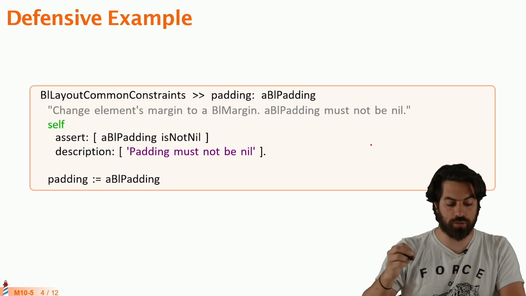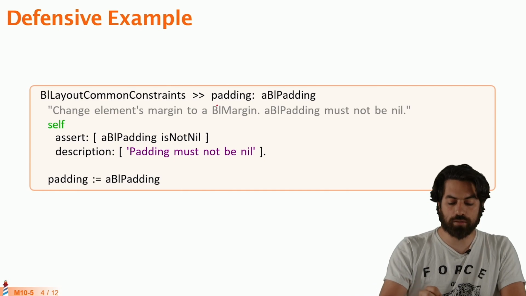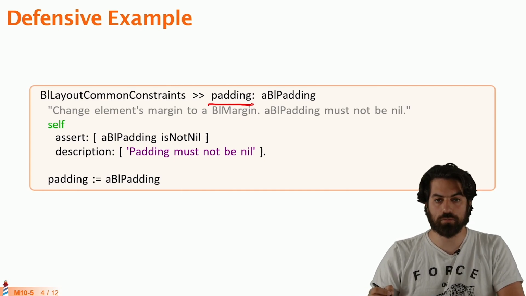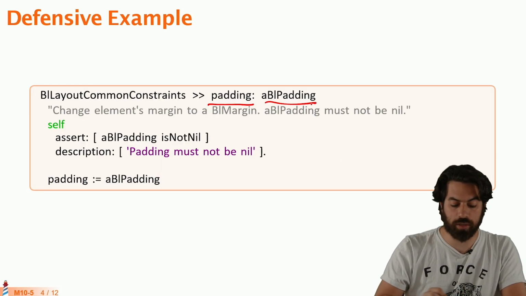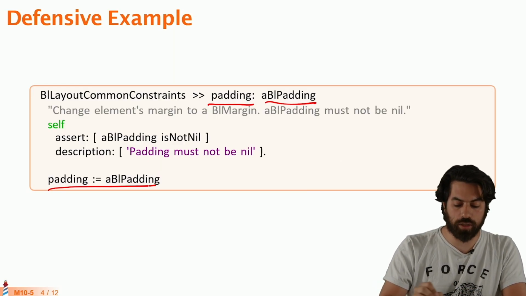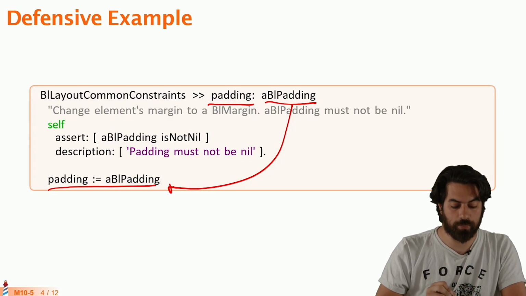Here, for example, we see in the context of a graphics framework, a method that sets the padding inside an object. This is just a normal setter. We take an argument, a parameter, and we set it into an instance variable.